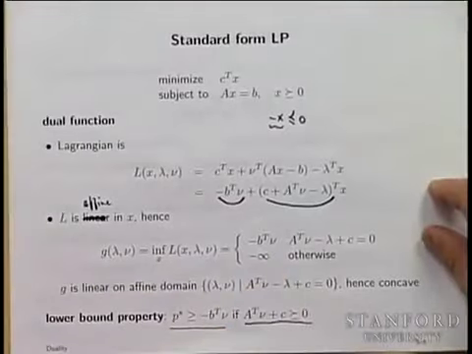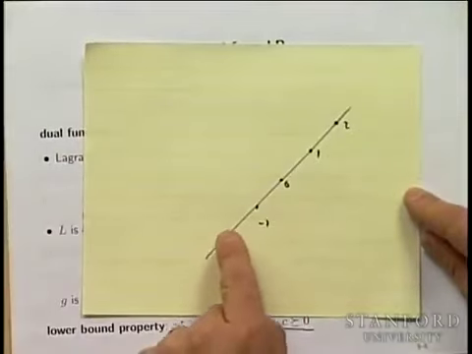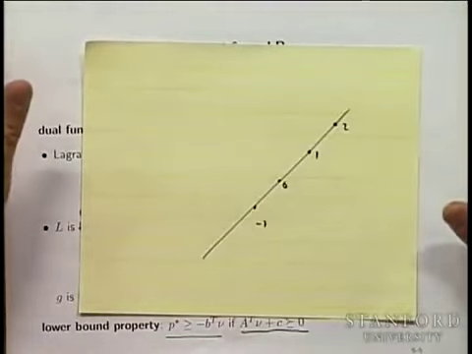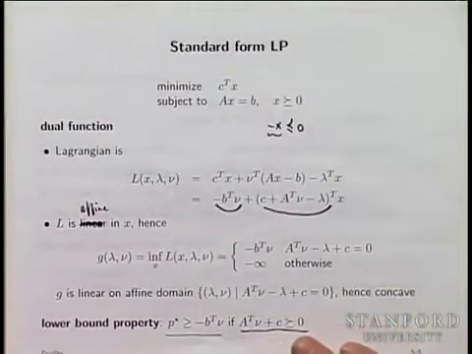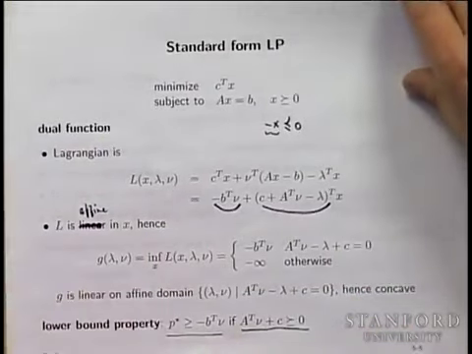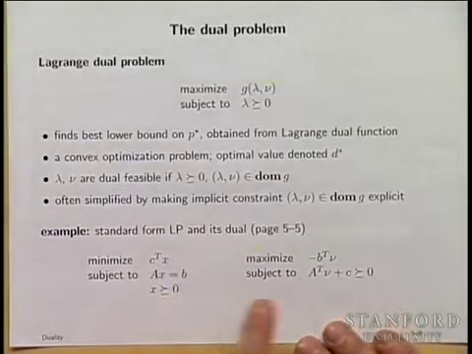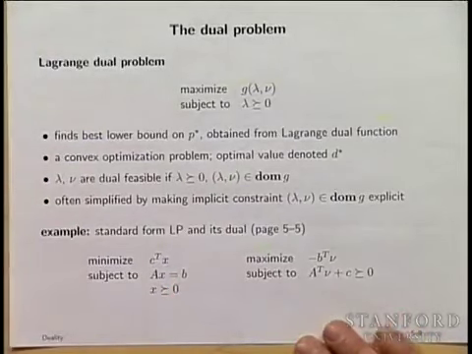I drew it somewhere. It was this sick thing where this thing is kind of going up on a line, but off that line, it falls off to minus infinity. And we're simply to maximize that subject to lambda positive. However, it's easier to simply take the implicit constraint out, and you end up with something that looks like this. Okay? So here's the so-called standard form LP. And then this is what it looks like when you have actually pulled out this implicit constraint.